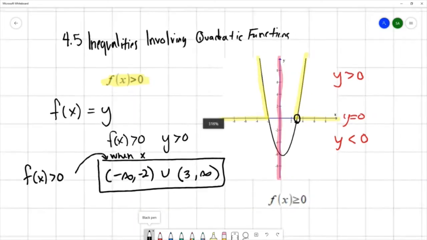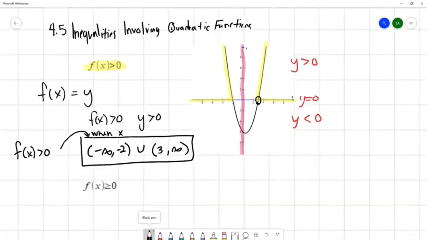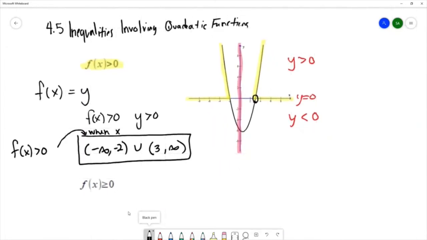So what if I adjusted the question to say f of x is greater than or equal to 0? The only thing that's different about this is that equal to. So now we want to include these points that are on the x-axis.